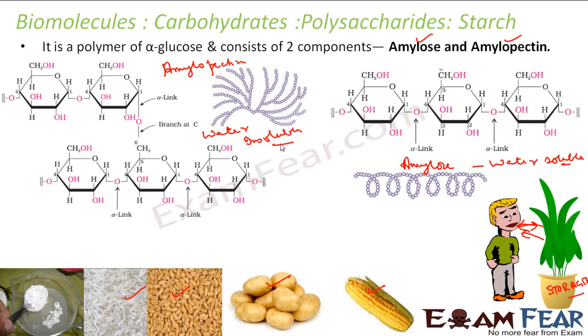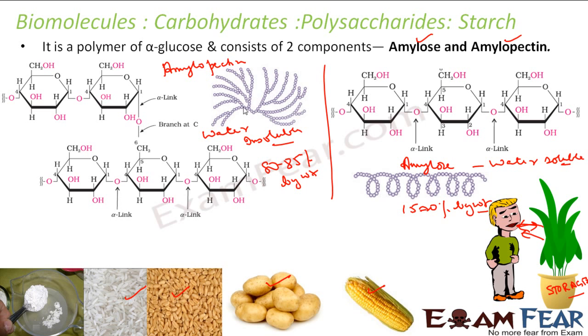Amylose is only 15 to 20% by weight in nature, and the remaining 80 to 85% by weight is amylopectin. Amylose is linear and helical, but amylopectin is the branched one.